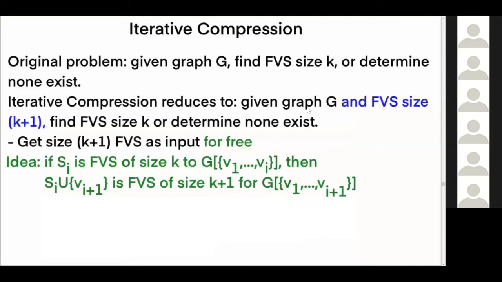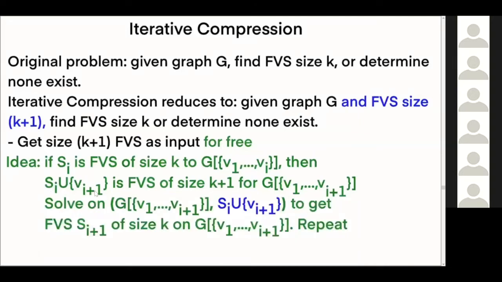At this point, we can use the algorithm given this FVS of size k+1 and compress it back down into an FVS of size k. More formally, we're solving on the induced graph on the first i+1 vertices, together with the FVS of size k+1, and we get some FVS S_{i+1} of size k on the first i+1 vertices.